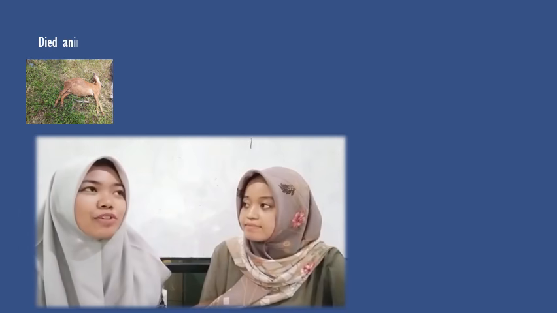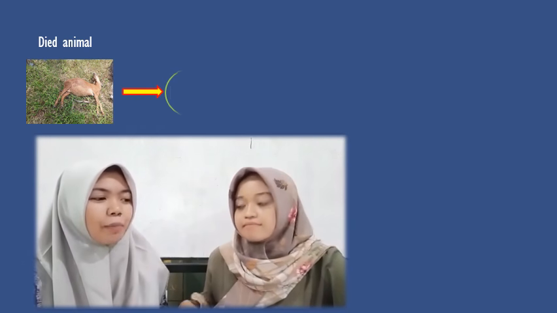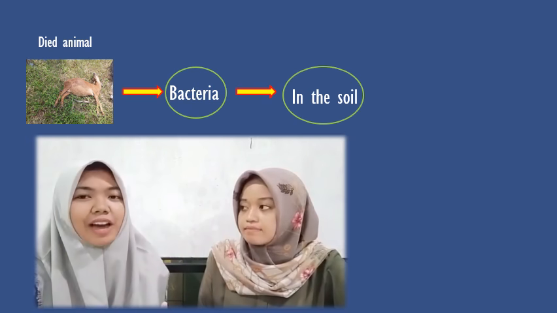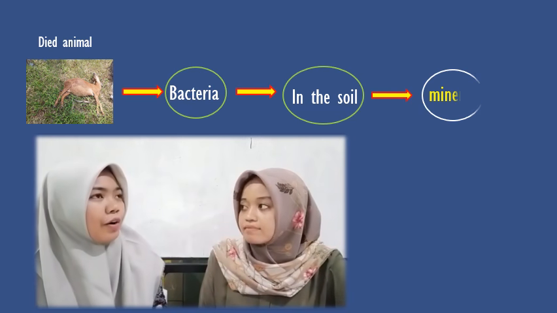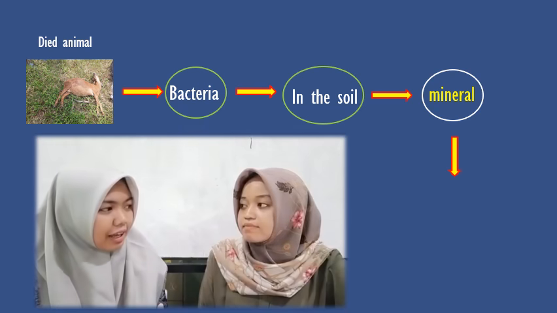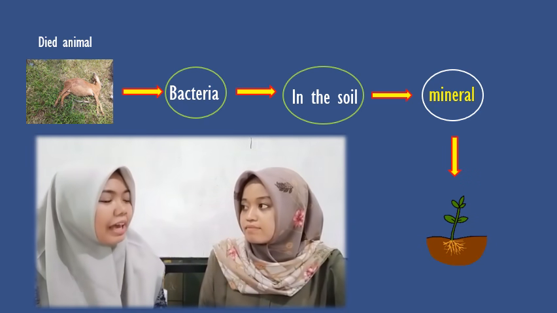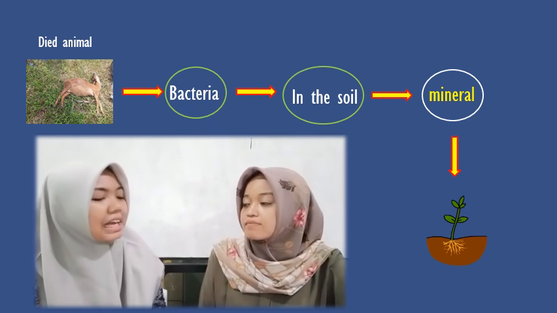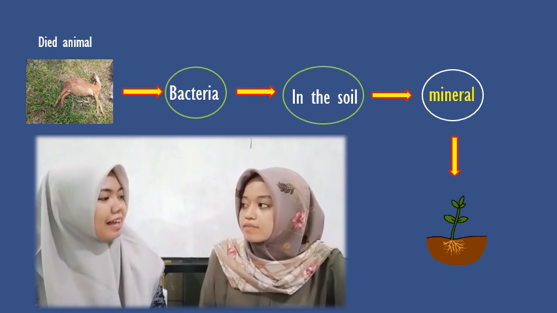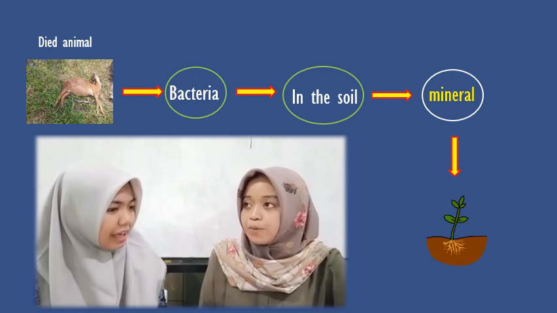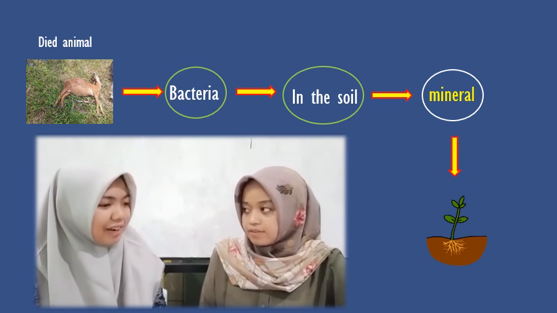Do you know about the decomposer? In our daily life, examples of decomposers are bacteria and fungi. What is a decomposer? It is an organism that can break down other organisms in a process called decomposition.